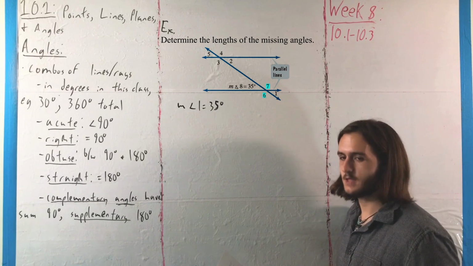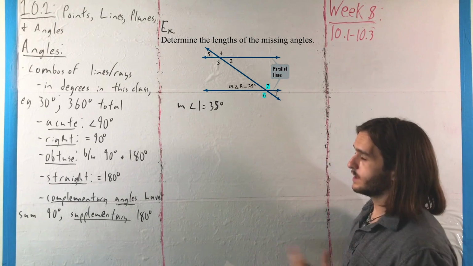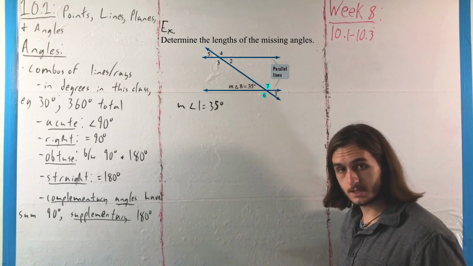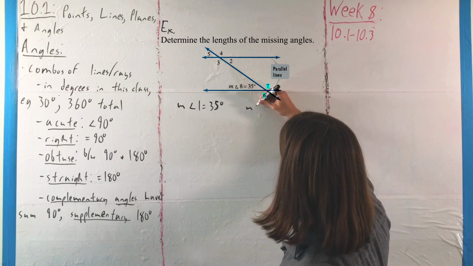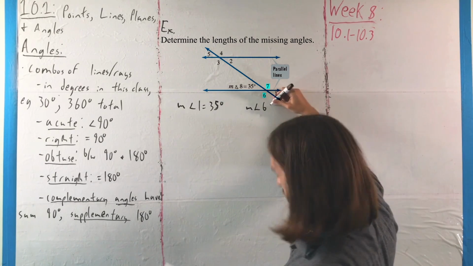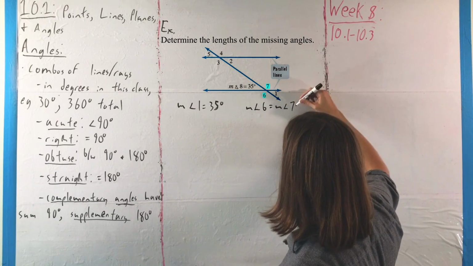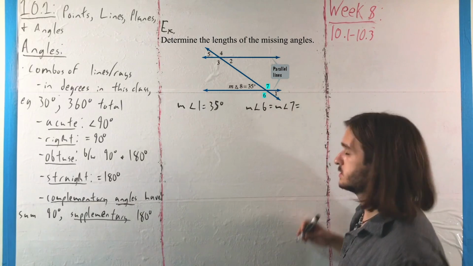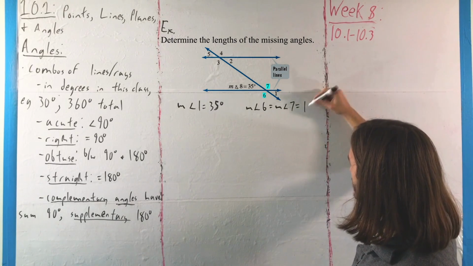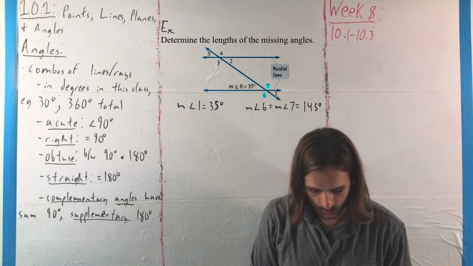Both of those, thanks to being vertical in that same sort of setting, are supplementary with them. We will have that the measure of 6 is equal to the measure of angle 7, and in both cases is going to be 180 minus 35. I'm not going to write that out because hopefully you can get that that will be 145 degrees.